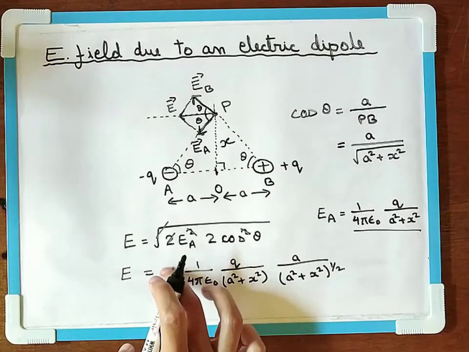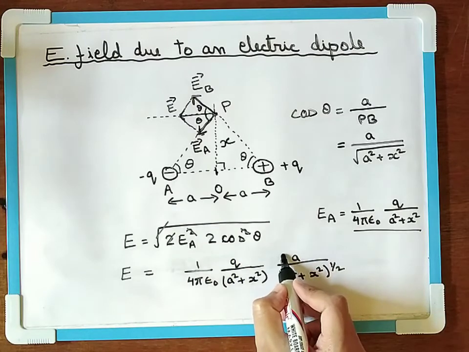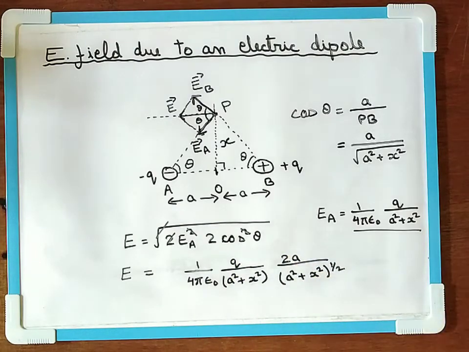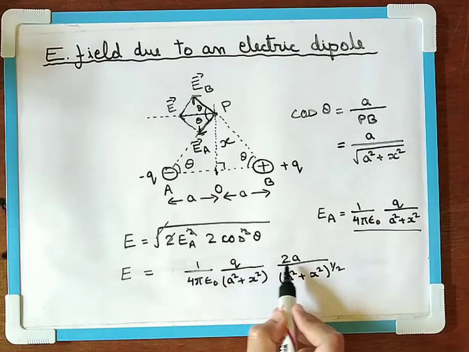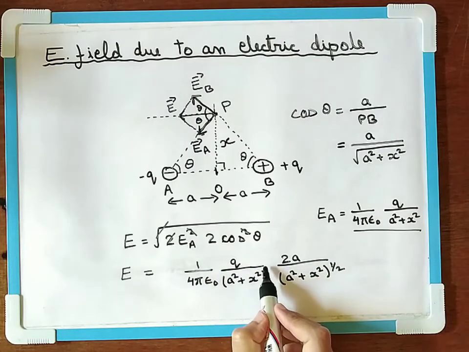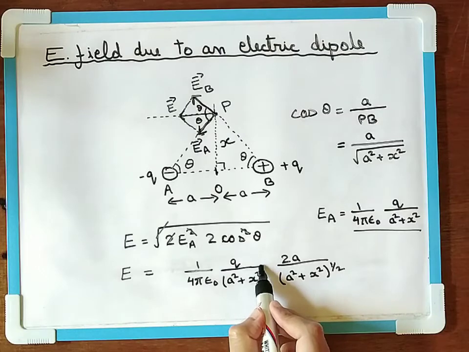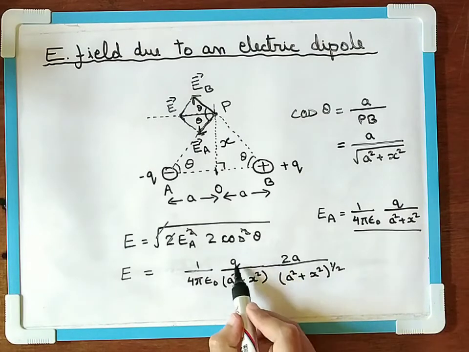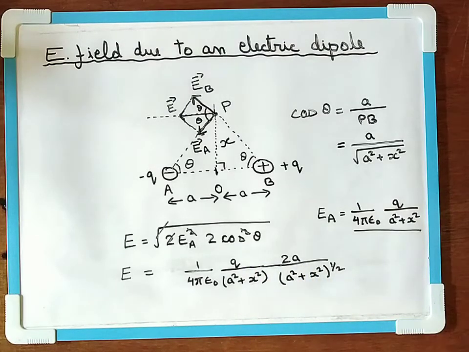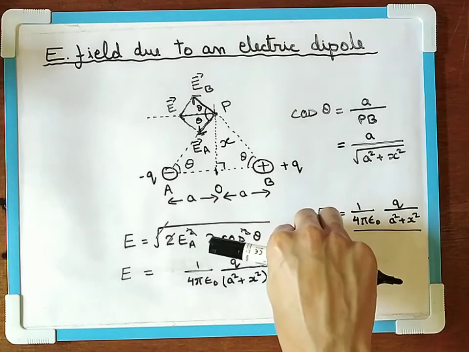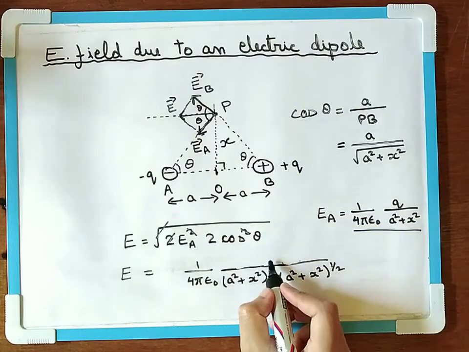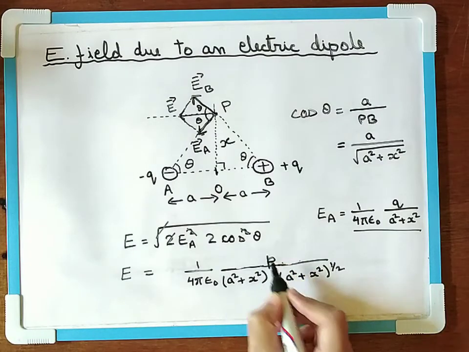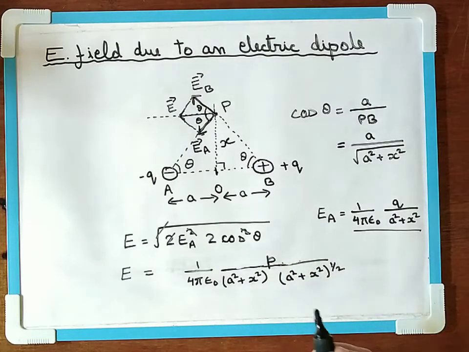Now this 2, I'll keep it here. Then if you can recall, q into 2a is your electric dipole moment p. So q into 2a will give you small p, the dipole moment.